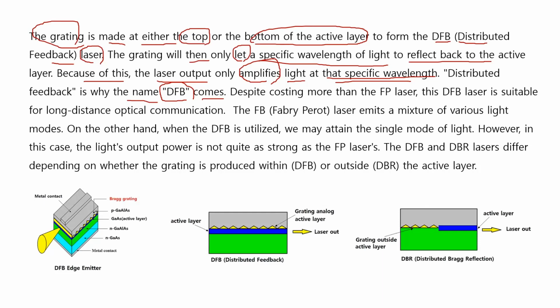Despite costing more than peripheral laser, this DFB laser is suitable for long-distance optical communication. The FB laser emits a mixture of various light modes. On the other hand, when the DFB is utilized, we may attain the single mode of light. However, in this case, the light's output power is not quite as strong as FB lasers.